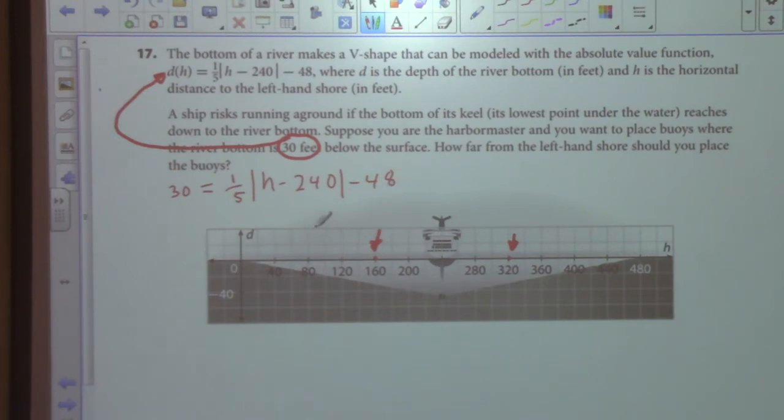So if we add 48 to this, we get 78 equals 1/5 times the absolute value of h minus 240. Now I'm just going to work to the right, I don't have a lot of room here.